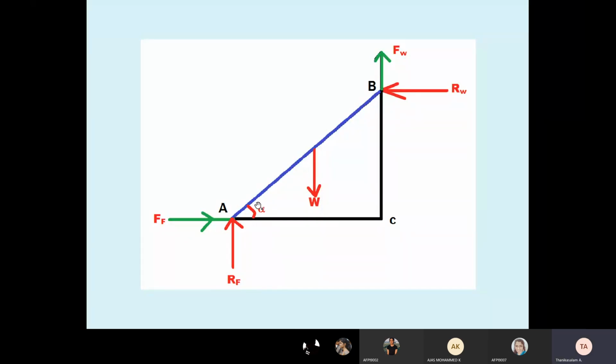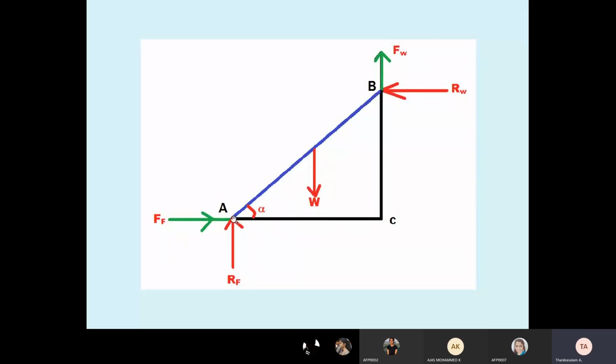Here I measure the ladder with respect to the horizontal, taking the angle as alpha or theta. The ladder weight, capital W, acts vertically downward at the middle of the ladder, that is L by 2 distance.